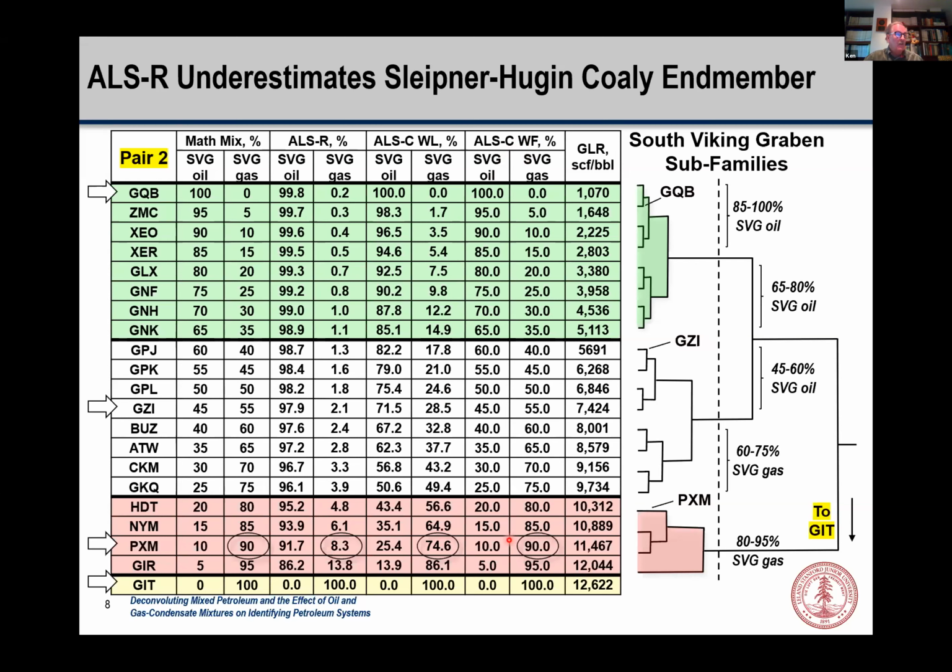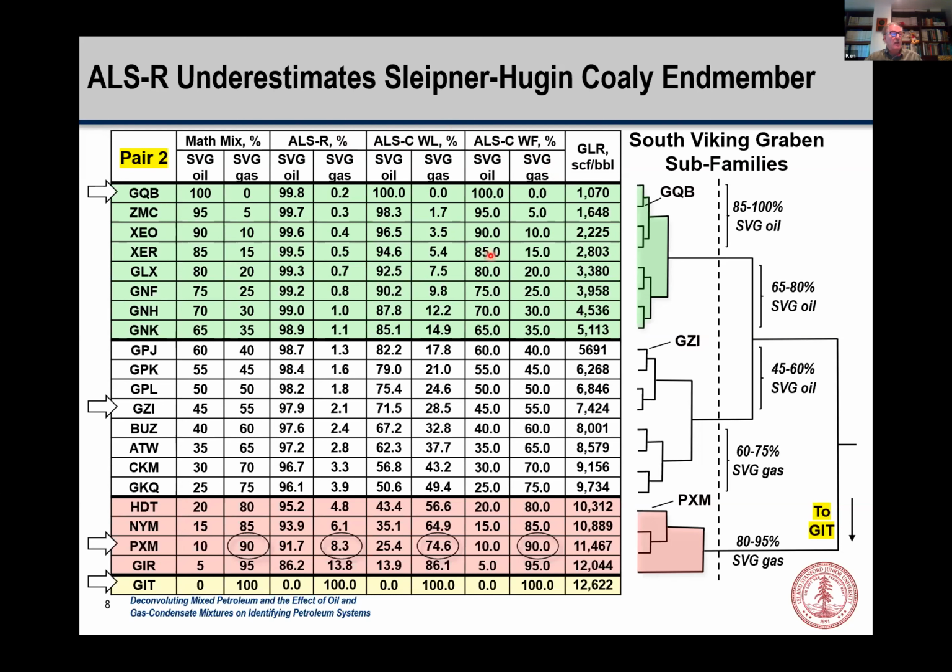This is the same as the original mathematical mix. So I guess what this is saying is, don't use ratios to deconvolute these kinds of mixtures. Use alternate least squares of concentrations and do that based on the whole fluid. So your ppm calculations are going to change as you go from whole liquid to whole fluid.